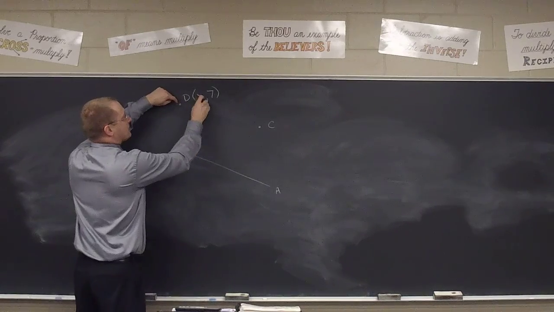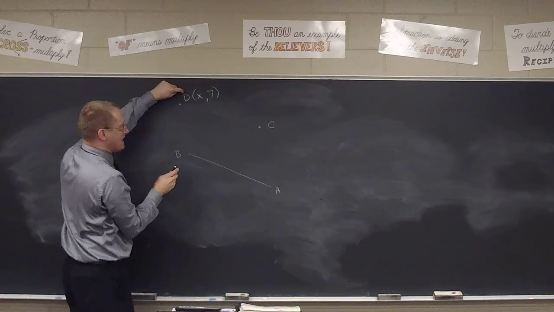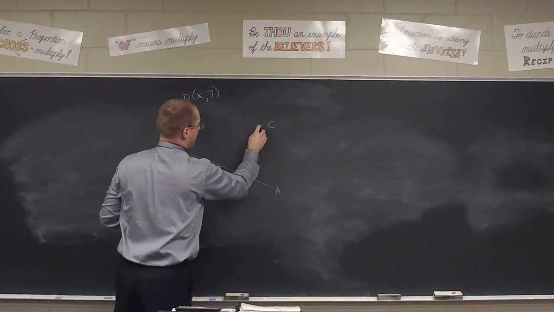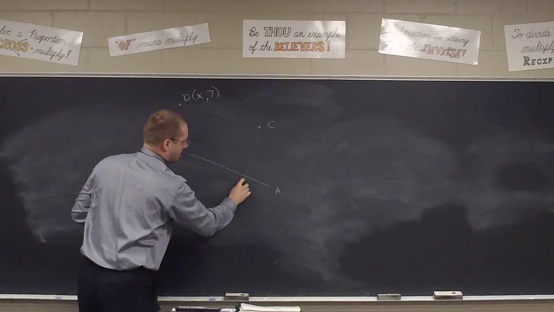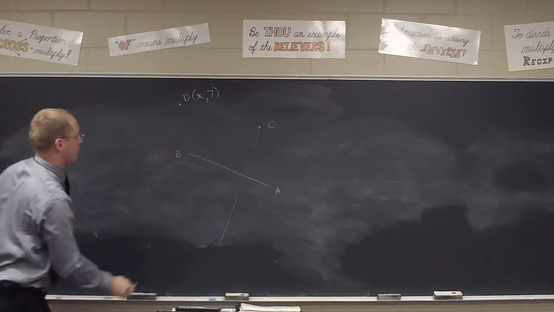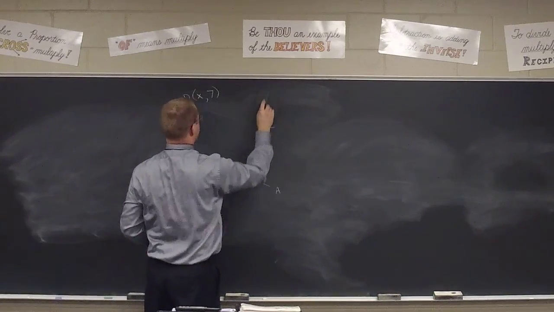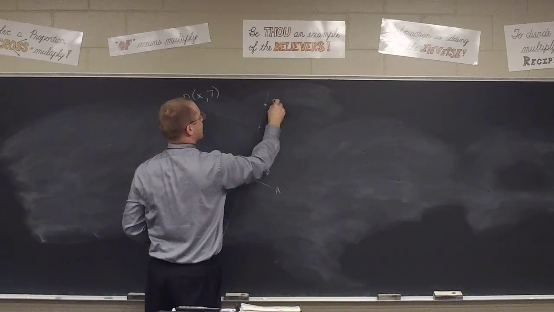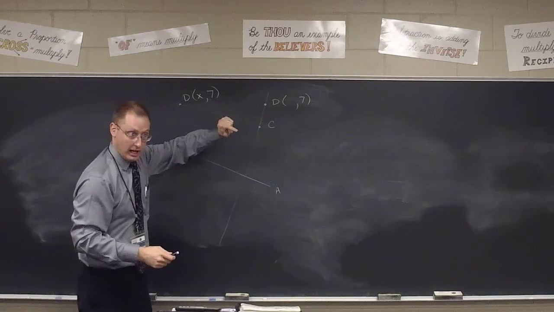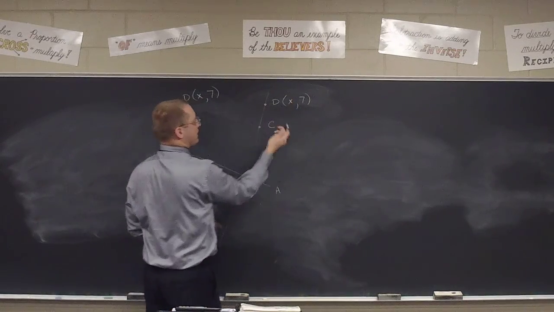But what would the x value have to be for point D for this line to be parallel? Conversely, I could also draw a perpendicular, and if I extended it far enough, at some point D could have the same ordinate of 7, right? But what's the x value going to be now?